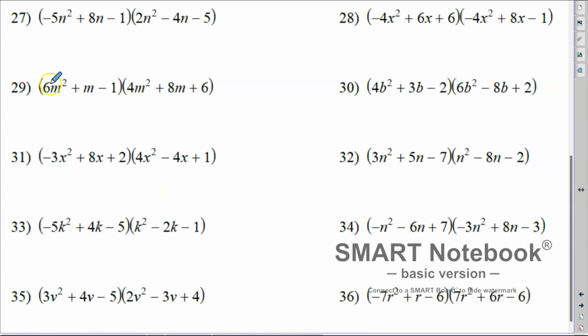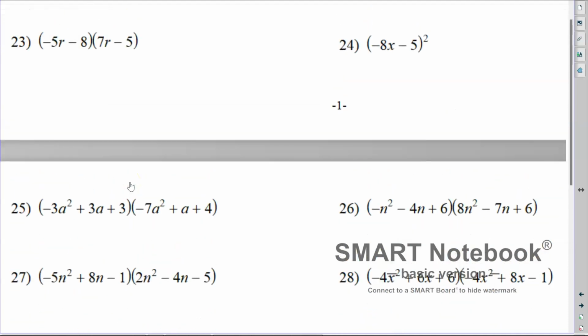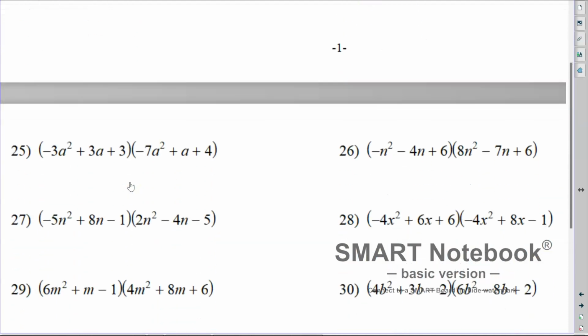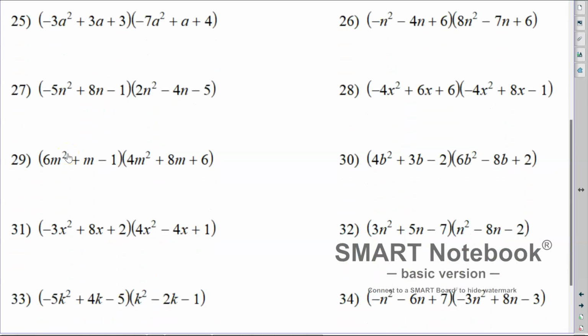Let's pick the first one of these, which is 25. Of course it's intimidating just because it's a longer polynomial. Specifically, there's 1, 2, 3 terms, so it's a trinomial. This one also has 3 terms.